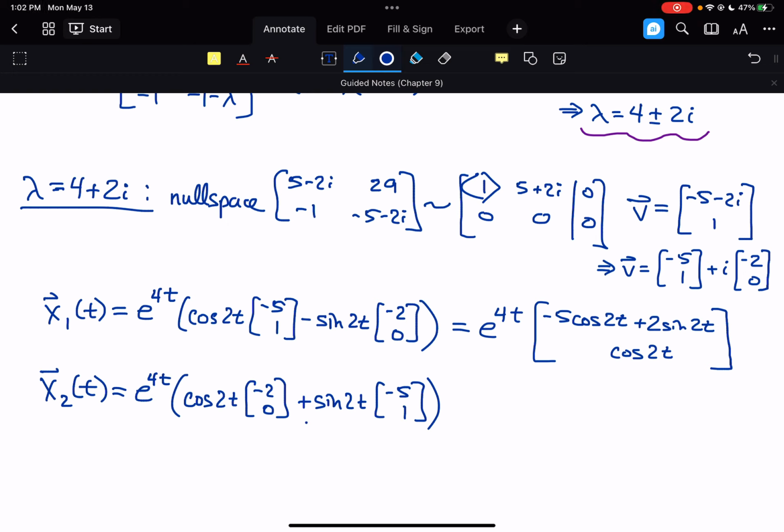It doesn't really matter, though. You could switch them around, and it's all the same thing. So we get e to the 4t. If we were to consolidate, that would give us negative 2 cosine of 2t minus 5 sine of 2t. And down here, we would just get sine of 2t.